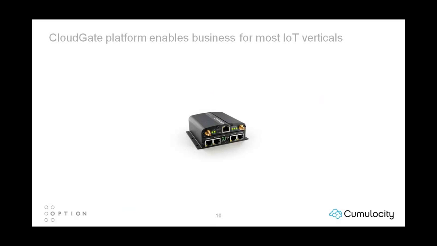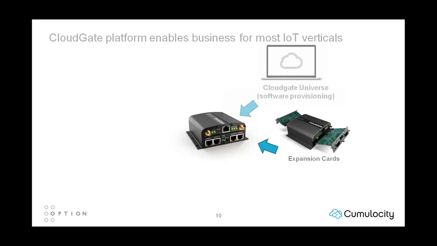So how does it look like? In the center, you have our Cloudgate, and the first differentiating point is the modularity with its expansion cards. We have an array of probably some 30 out-of-the-box, high-quality cards, which allow you to get the hardware connectivity in all those different verticals, well, out of the box, at decent quality and at good quality and attractive price points.